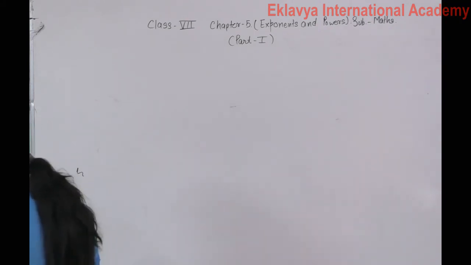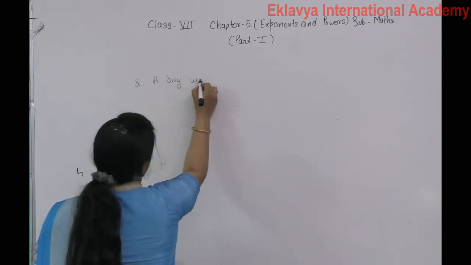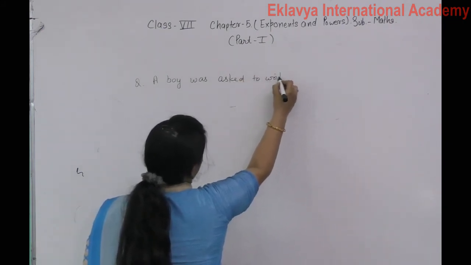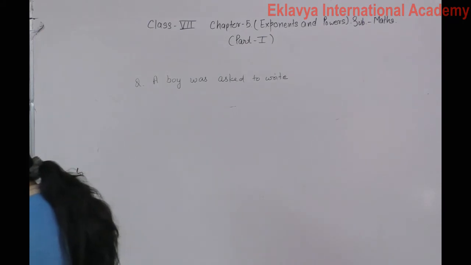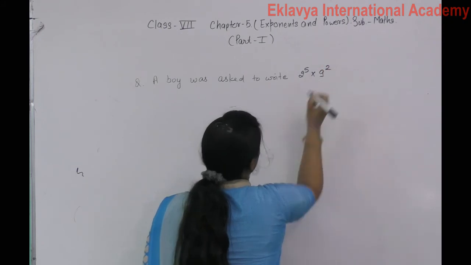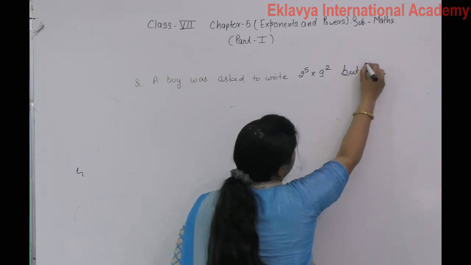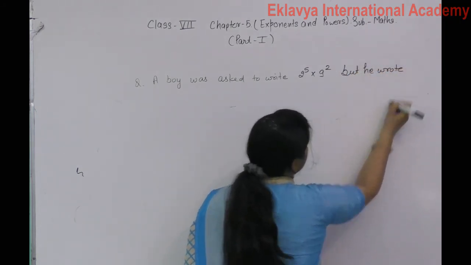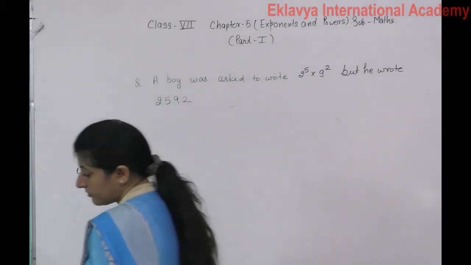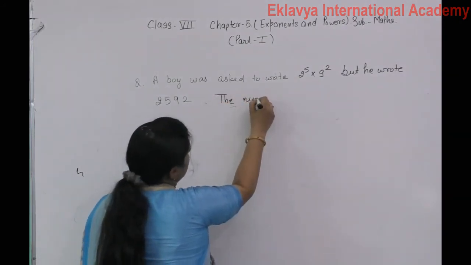A statement question: a boy was asked to write 2 power 5 into 9 power 2, but he wrote 2592. Find out the numerical difference between the two.